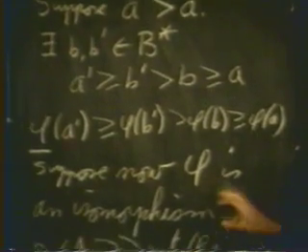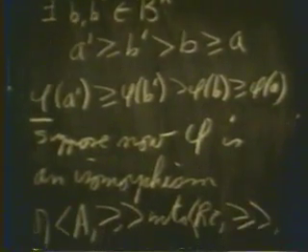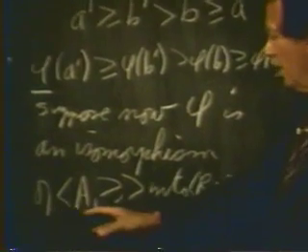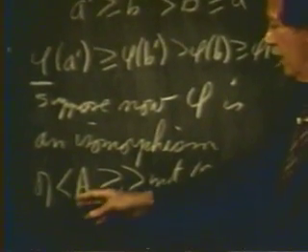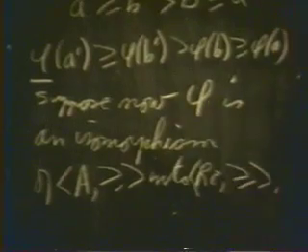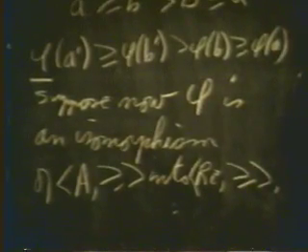Suppose phi is an isomorphism of the simple order into the real numbers under the natural ordering.